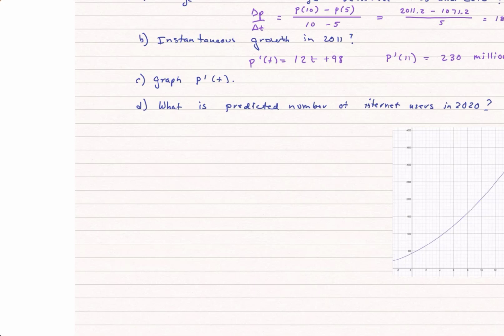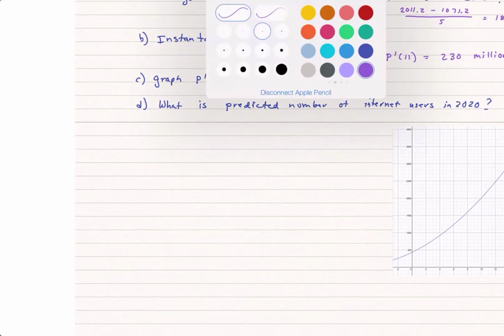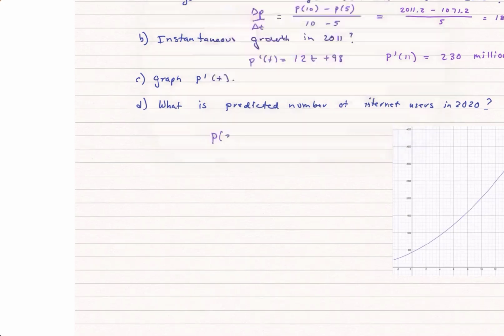If I wanted to know the predicted number of internet users in 2020, all I would do is plug in 20 into my P function, and that would be approximately 4,791 million users, or about 62% of the world's population. So these are some of the real-life problems that calculus is used to help solve.